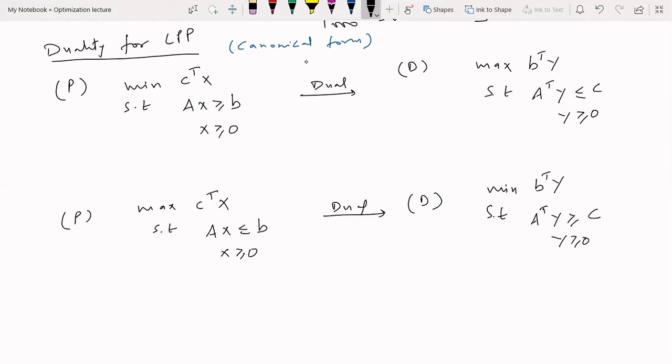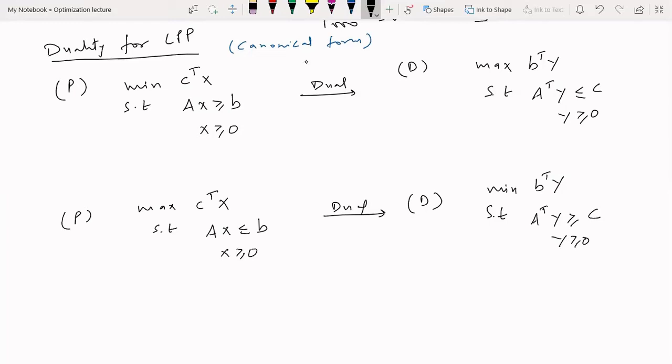Now we can see here that if there are n variables, say 100 variables, and maybe 50 constraints in this problem, then when you write the dual problem, your right hand side is entering into the objective function. The number of variables in the dual problem is essentially equal to the number of constraints.